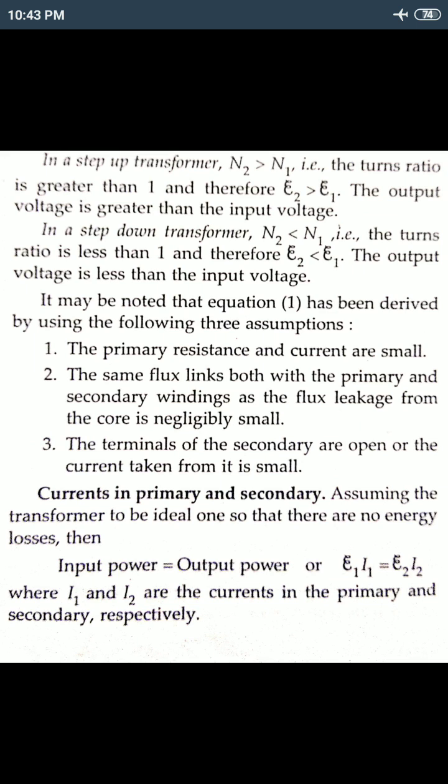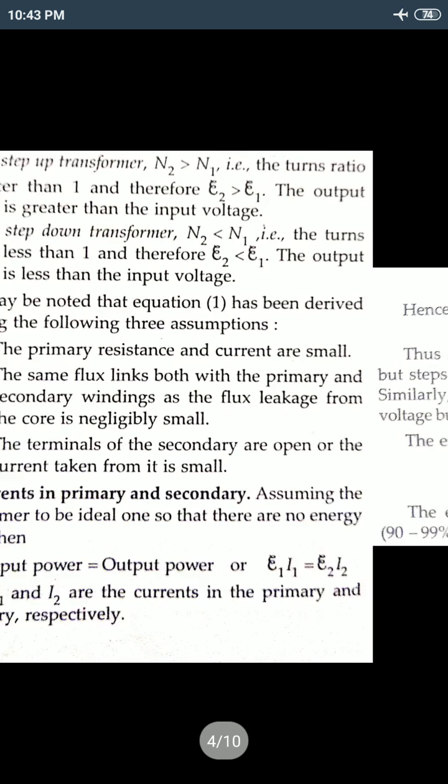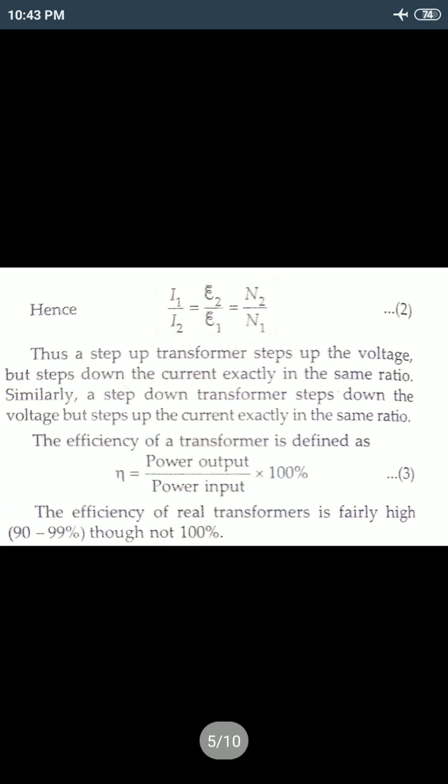Power means E into I. So in the input, that means the primary coil, E1 I1 equals E2 into I2. I1 and I2 are the primary and secondary currents. So we can write I1 by I2 equals E2 by E1, and E2 by E1 equals N2 by N1. So I1 by I2 also equals N2 by N1. This is another relation.